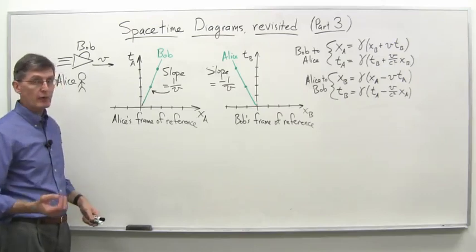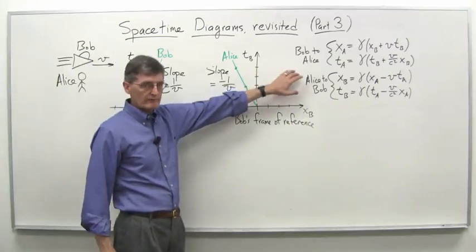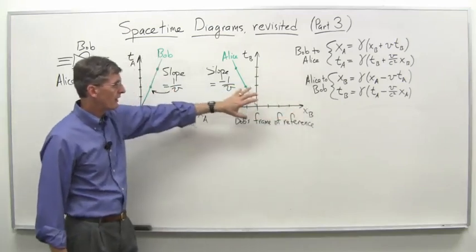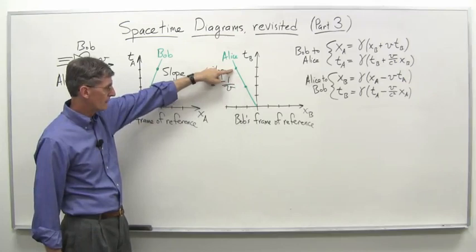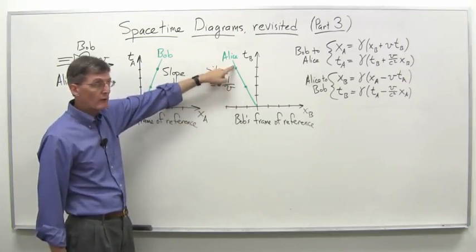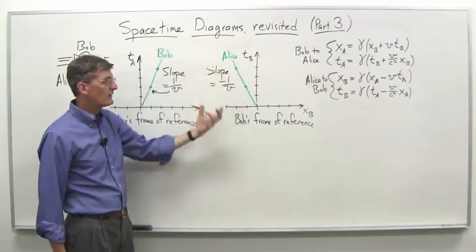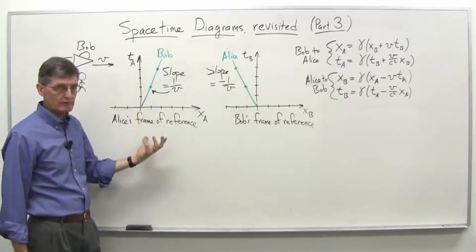Now for any given point, remember, we have the Lorentz transformations. Given, say, in Bob's situation, a space-time point like this one right here at -2, 4, if I wanted to find the corresponding point in Alice's frame of reference over here, it would not be -2, 4.